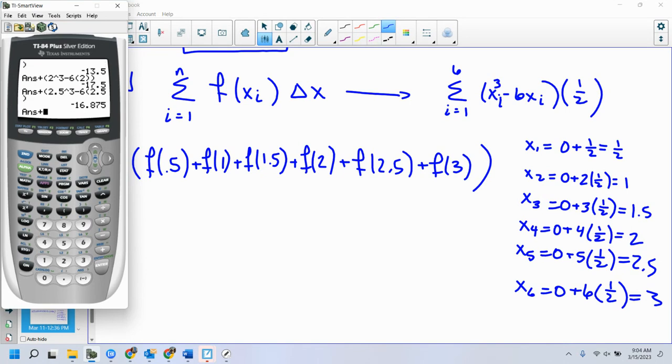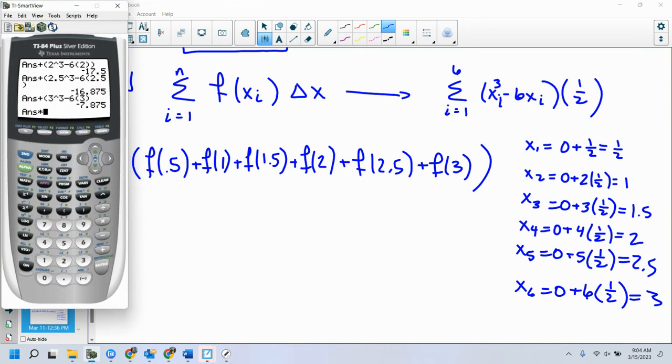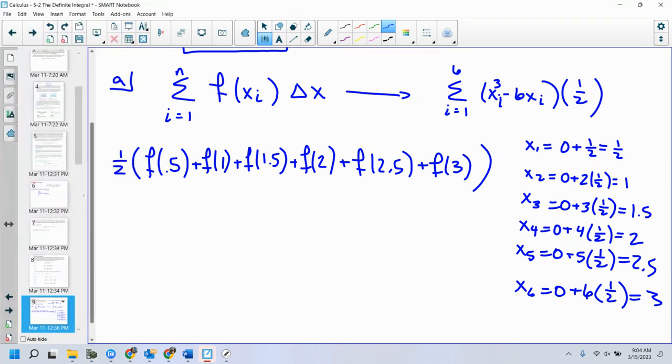Plus, and then we do 3. 3 to the third, minus 6 times 3. Negative 7.875. And I'm going to multiply all of that by 1/2, delta x sitting on the outside, times 0.5, and that's going to get me negative 3.9375. So let's say negative 3.94.